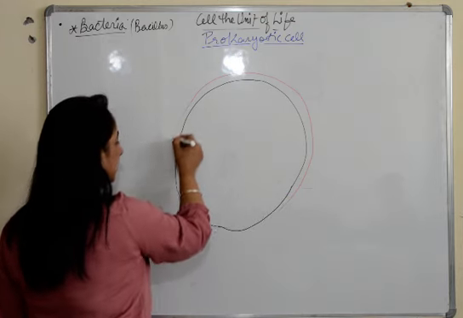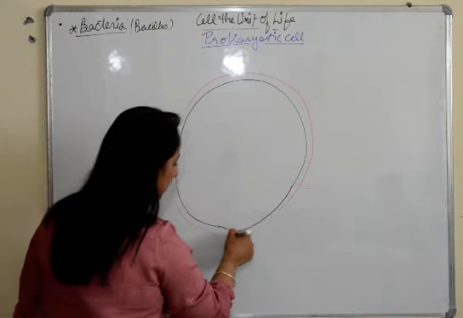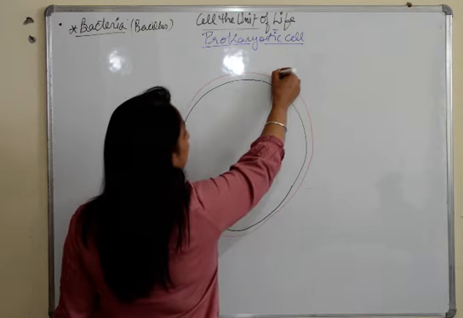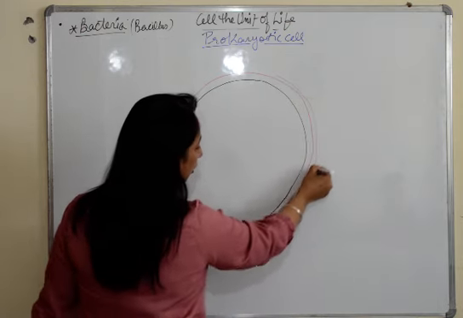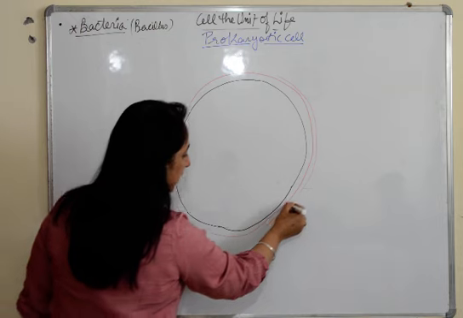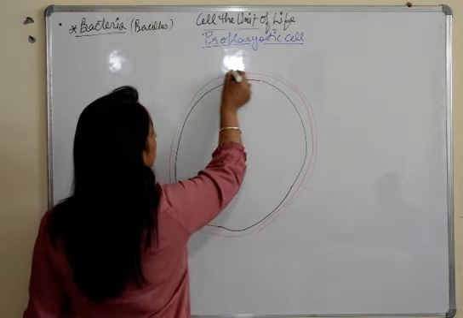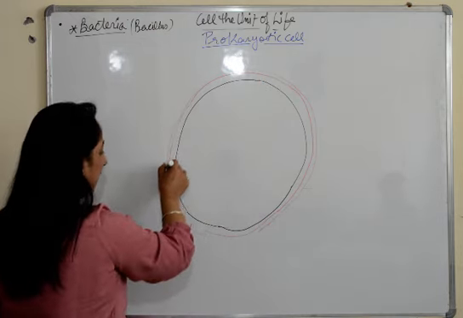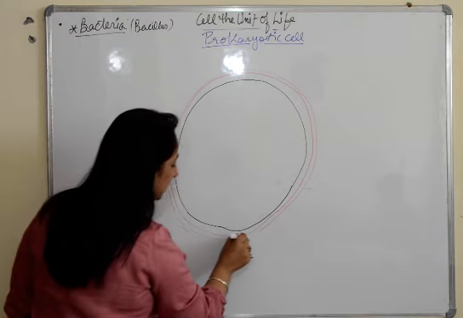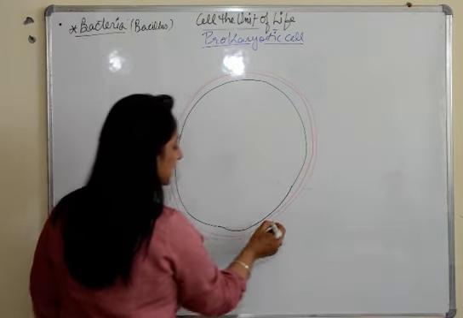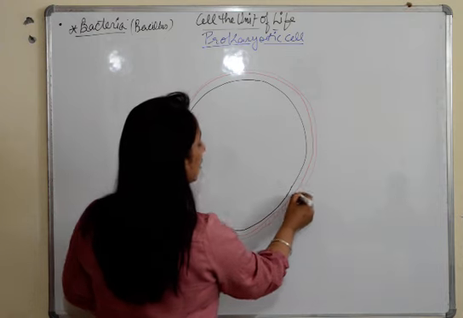Let's just completely make it the cell wall. And basically when we talk about the cell wall of the prokaryotic cells, the cell wall of prokaryotic cell is made up of peptidoglycans. In some type of bacterial cells, this peptidoglycan is also covered by lipoproteins.